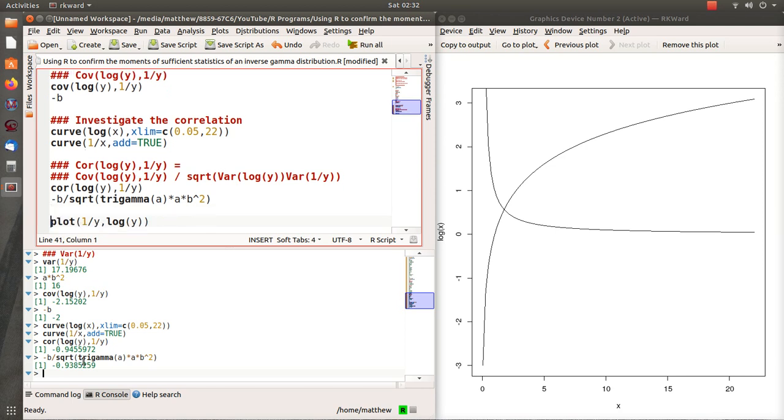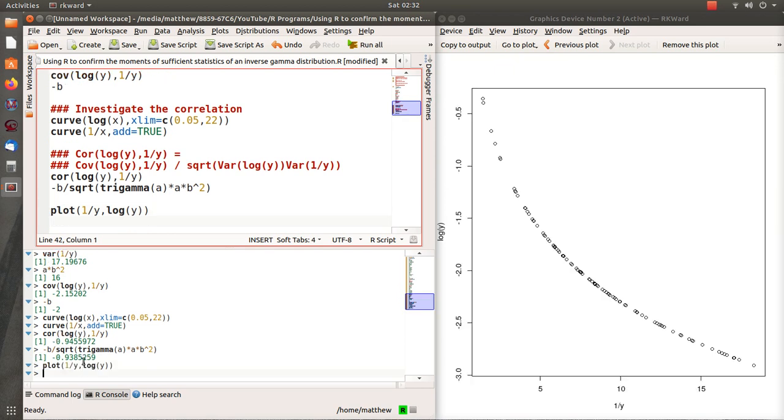If we look at a plot of 1 over y and the log of y, this is it. And so you can see that it's negatively correlated and sort of line-ish. It's definitely not a perfect line. That's why it's not a correlation of -1.